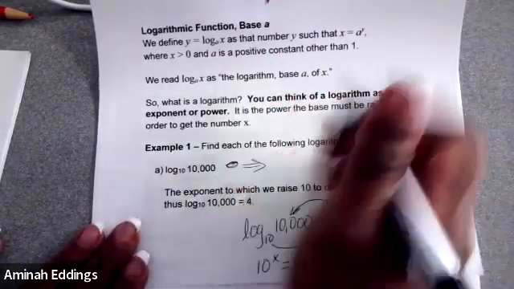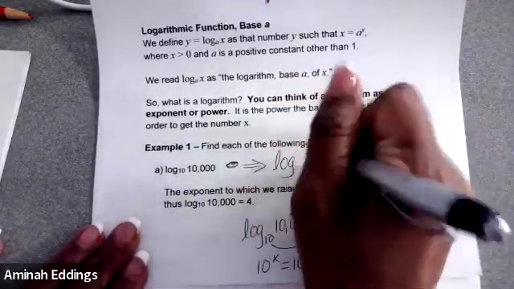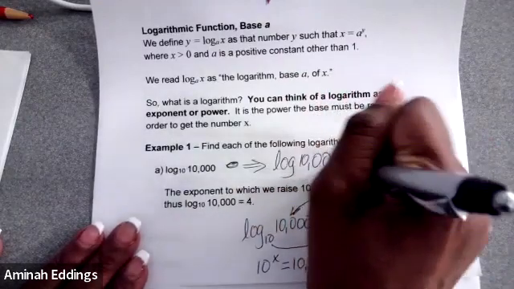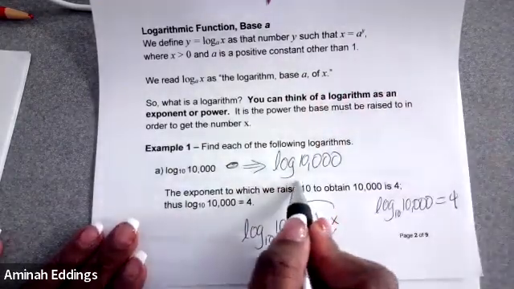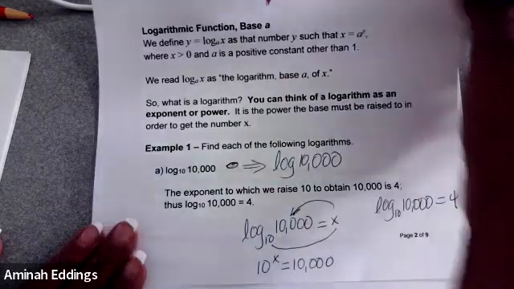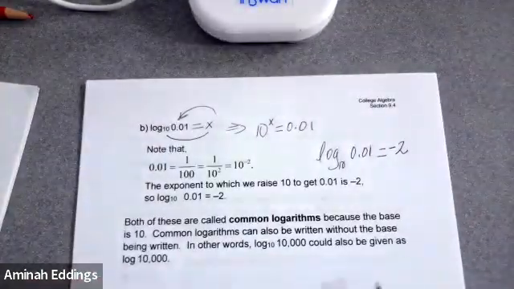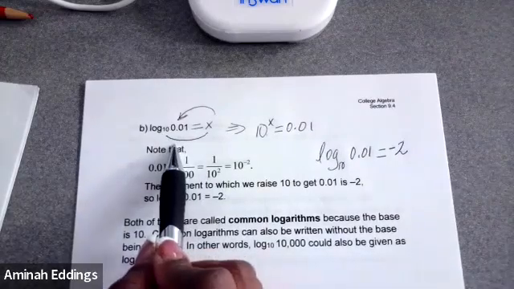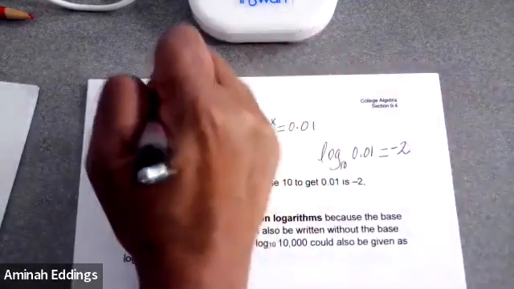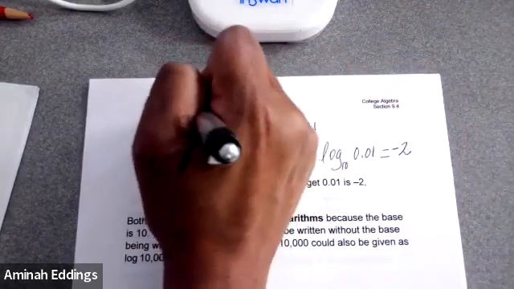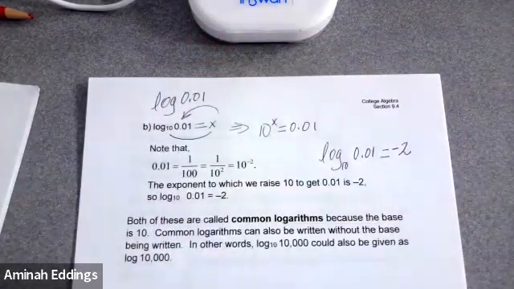You may also see it simply as log 10,000. If there is no base, it's understood to be a base of 10. So the same thing here, log base 10 of 0.01 is the same as saying log 0.01. So when your base is 10, we call that a common log.